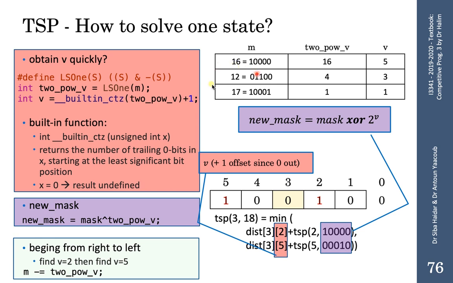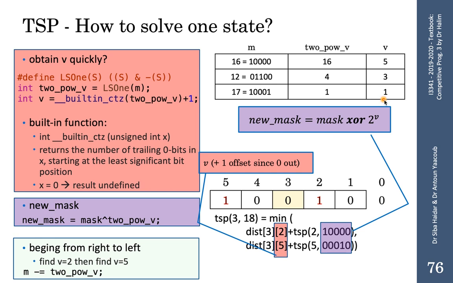If this is the mask 01100, which is the value 12, we will have 2 to the power V equal to 4 because the least significant one is the third from the right, and V will be 2 zeros plus 1, which is 3. A last example, if we have the least significant bit at the first position, so 2 to the power V will be 1, and V will be also 1.